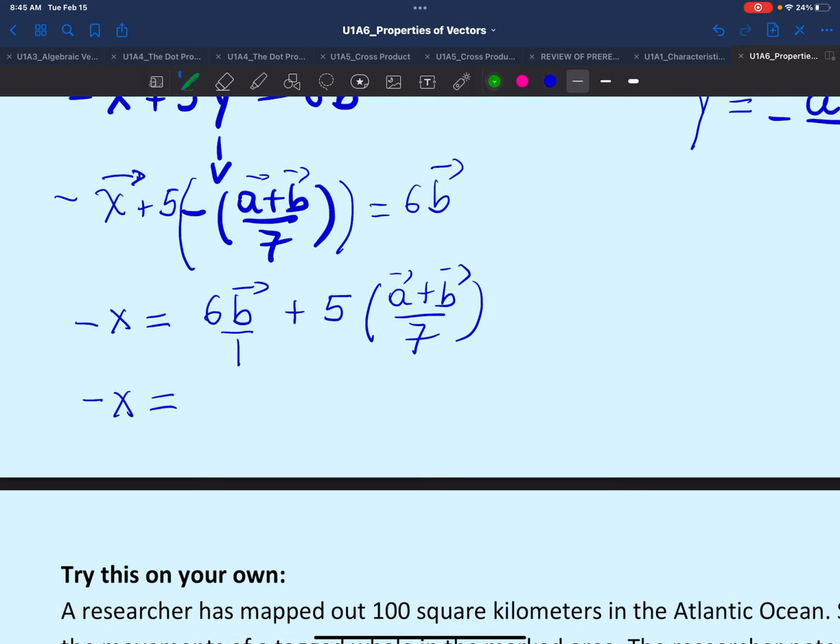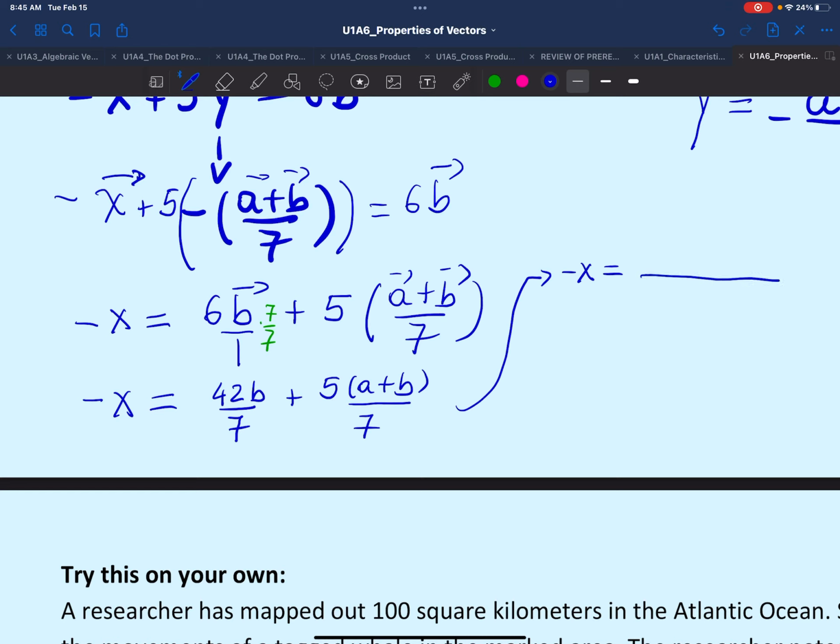So we'll multiply by 7 over 7 here. So that will give 42b over 7 plus 5 times a plus 12b over 7. Simplify some more, and we'll have negative x equals, we can bring them under the same denominator of 7. So we have 42b plus 5a plus 5b.